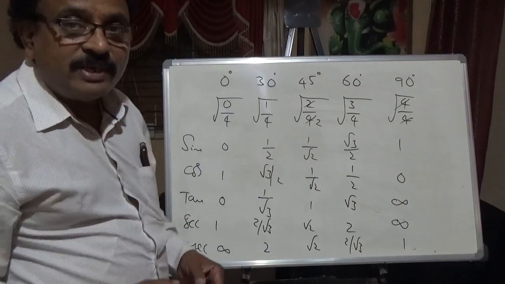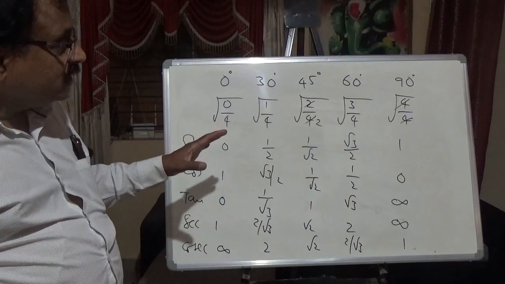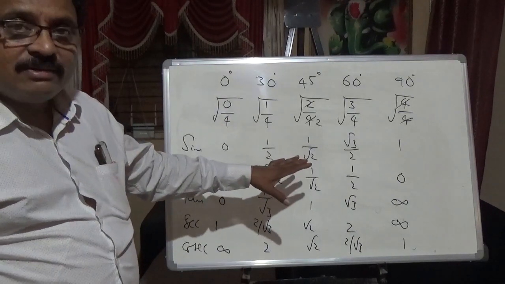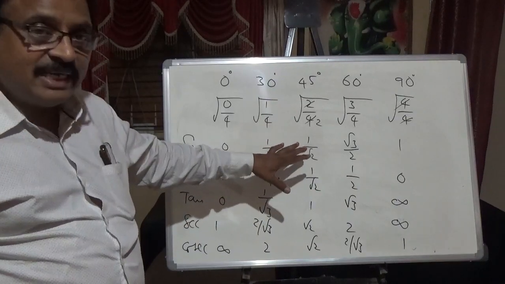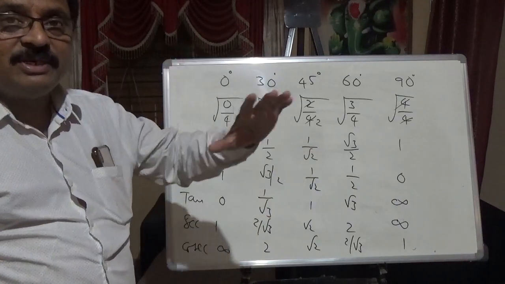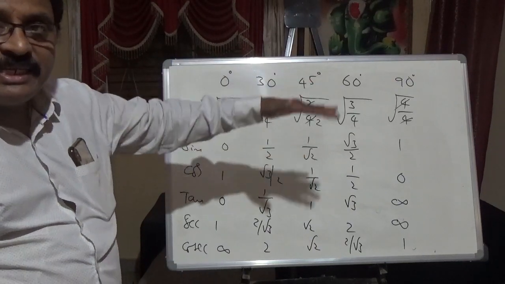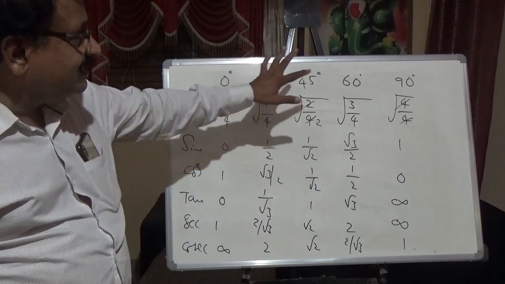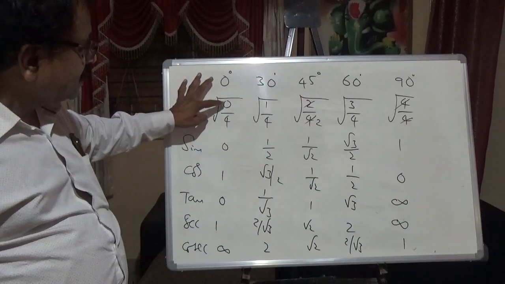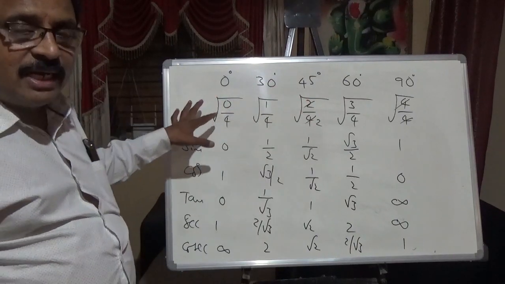This is one important table, please remember. Suppose you forget these values in the examination, you can easily create this table in rough work. Once again I will repeat: 0, 30, 45, 60, 90. First write 0, 1, 2, 3, 4. Divide each value by 4 and take the square root.